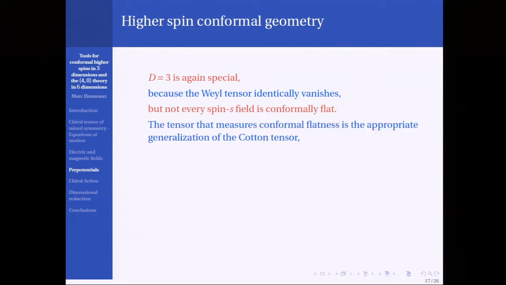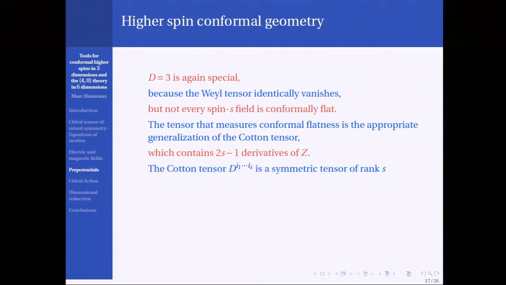And the tensor that replaces the Weyl tensor in 3 dimensions, let's call it the Cotton tensor as well, is an appropriate generalization of the Cotton tensor, but it contains many more derivatives of the field. The curvature only had S derivatives; here you have 2S minus 1 derivatives of the field. And, well, I wrote it. It's also a completely symmetric tensor, so it has the same symmetry type as the field.